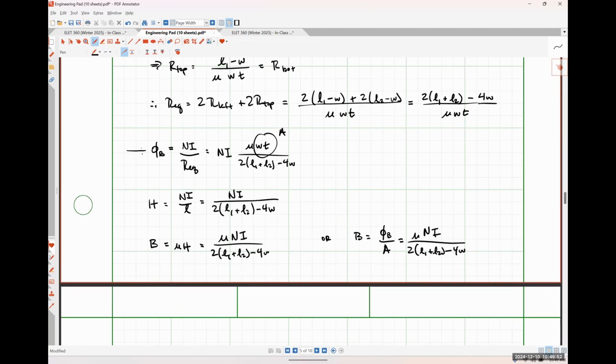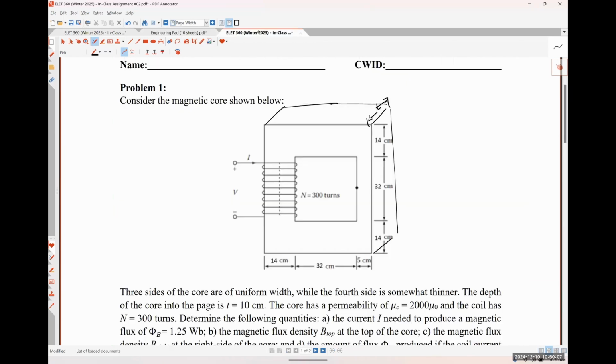Well, we've got an equation for flux right here, Ni over our equivalent reluctance. And that to me is probably the easiest way to do this. So the first thing we're going to have to figure out is our equivalent reluctance for this particular shape. Okay. So I'm just going to make a note here for part A. Flux is N, which is given to us.